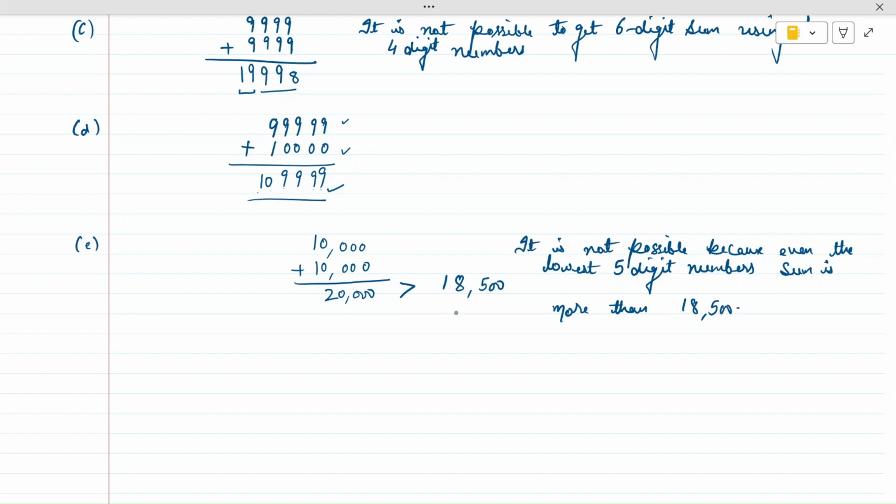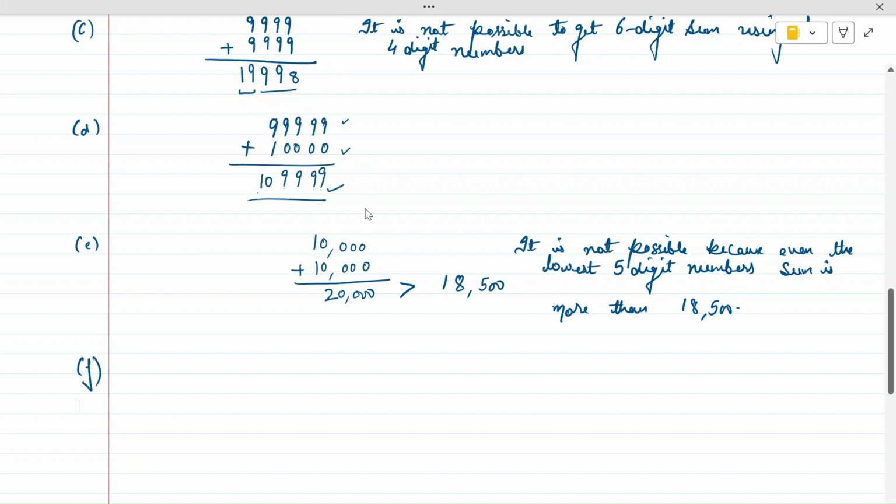So we cannot get any two 5-digit numbers which will give us the sum 18,500, because the least it can give us is 20,000 only, which we just saw. So our E part is also done.